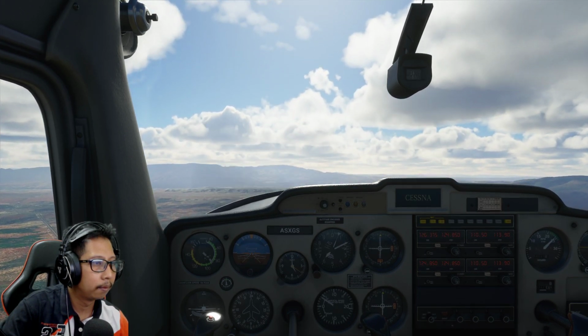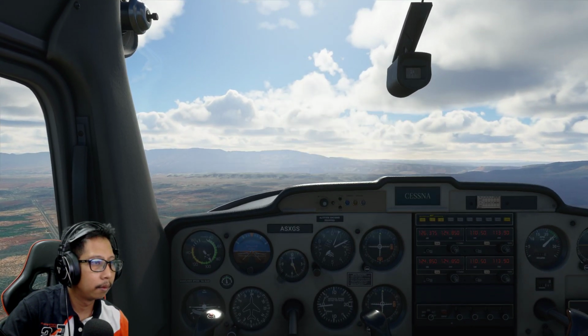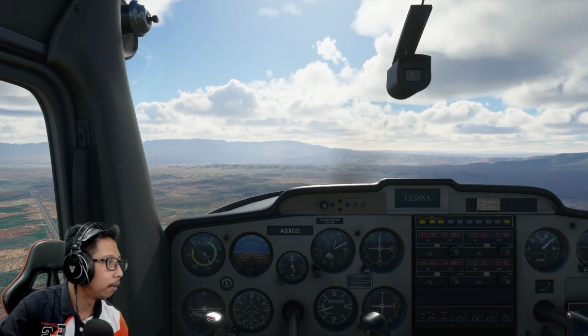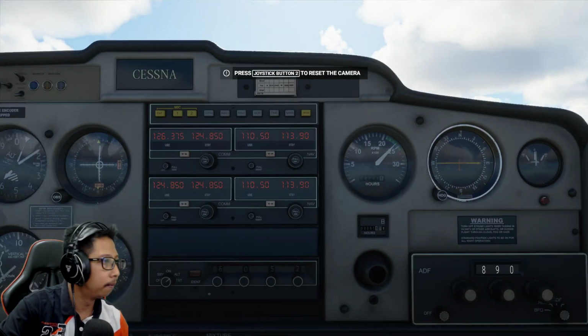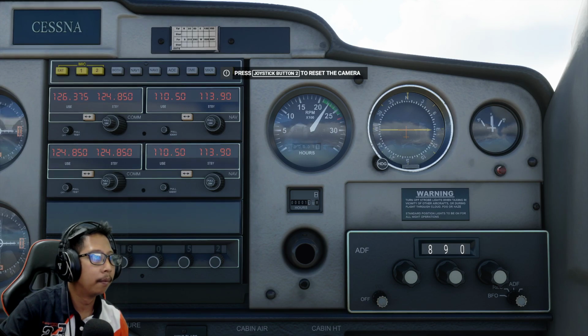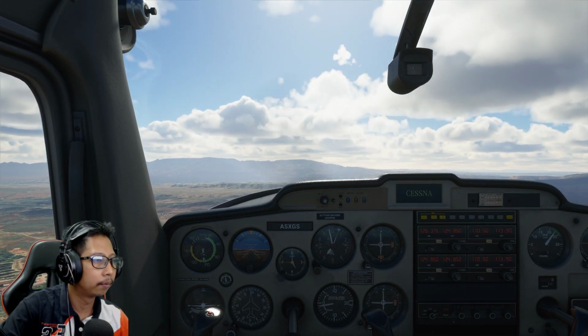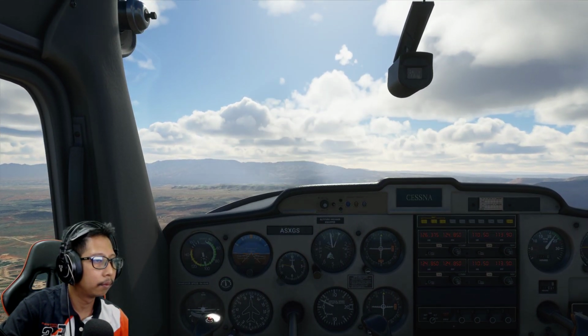Ease up on the yoke, aim your nose slightly below the horizon, and reduce your throttle to 2,300 RPMs. That's it. You're set up with the same attitude and power you had at the top of our lesson.